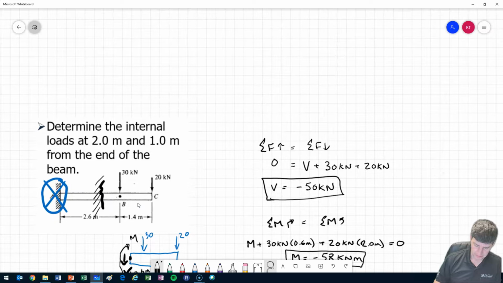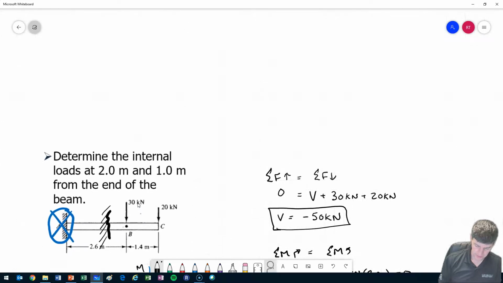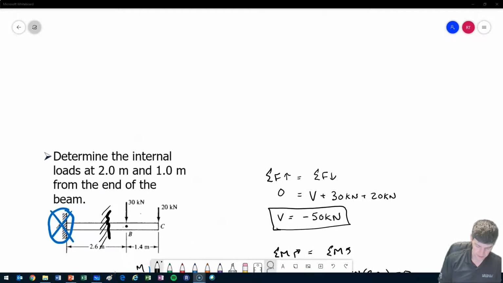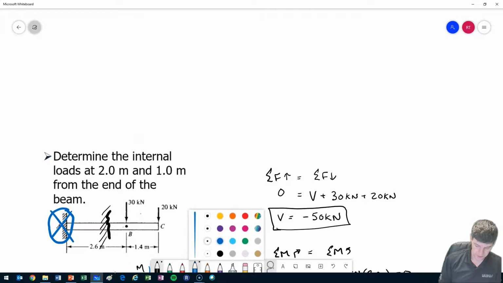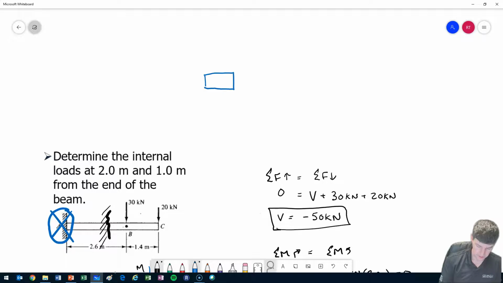This question's probably even easier if I'm at the 1 meter mark. So at the 1 meter mark, my beam would look like this. Okay, cut it there, and I've got quite a complicated beam on this side with different forces. This one, all I have is the 20 pushing down. My beam is 1 meter.